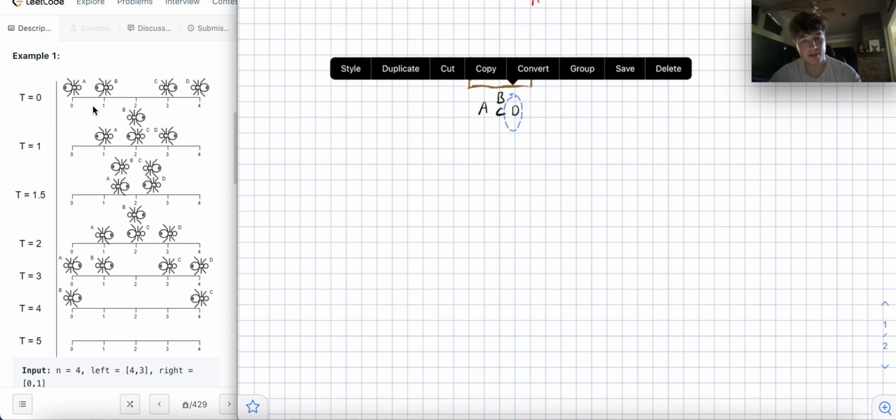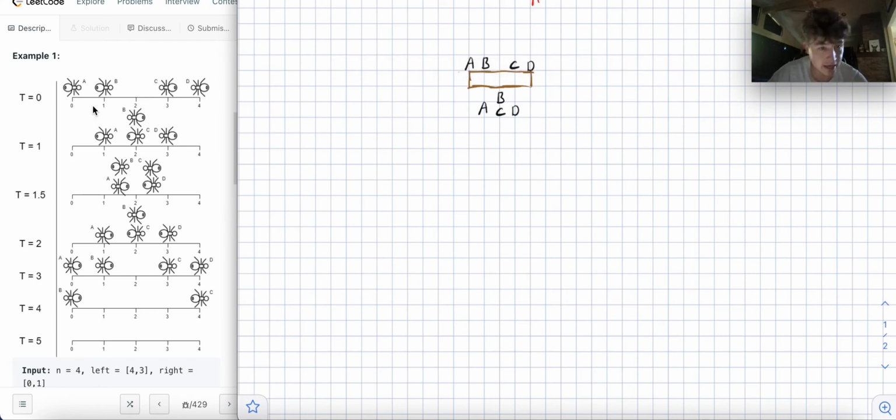And then we have A and B on top of each other, and C and D on top of each other. And then we have B and... I'm not going to do that. I changed my mind. There's a simpler way that we're going to do this. I'm not going to walk through this whole problem to get there.